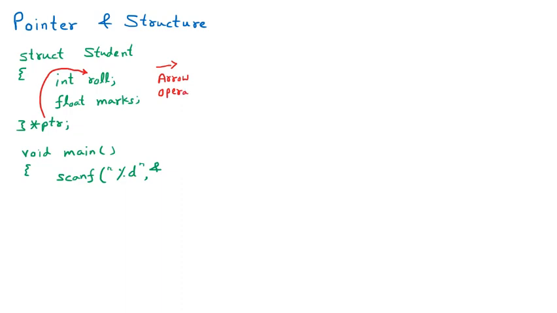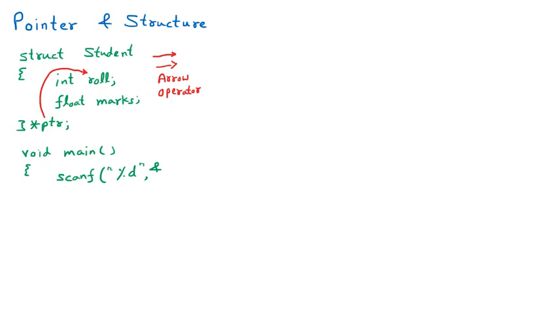This arrow operator is used instead of dot when you are using a pointer. Everything is the same otherwise, only we use the arrow operator. You know that an arrow looks like this, so to make this arrow in our system, we use the dash and the greater than sign.